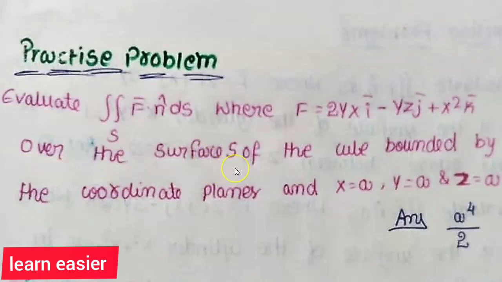So practice this problem by considering these 6 planes and find out the unit normal vector for each plane, and then find the surface integral of each plane, and then add the surface integrals of all the 6 planes. Then you can get the answer a power 4 by 2.